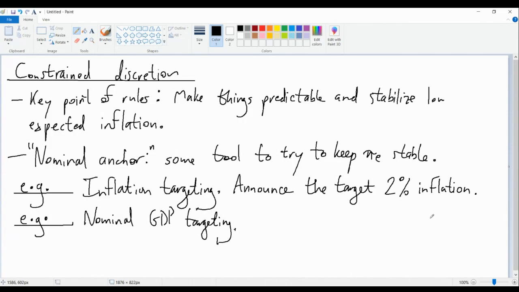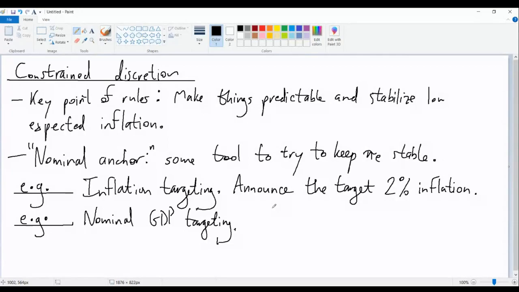So I guess that means when real GDP is growing fast, you want to lower inflation, which means you raise rates. When real GDP is growing slowly, you want to raise inflation, so you lower rates.